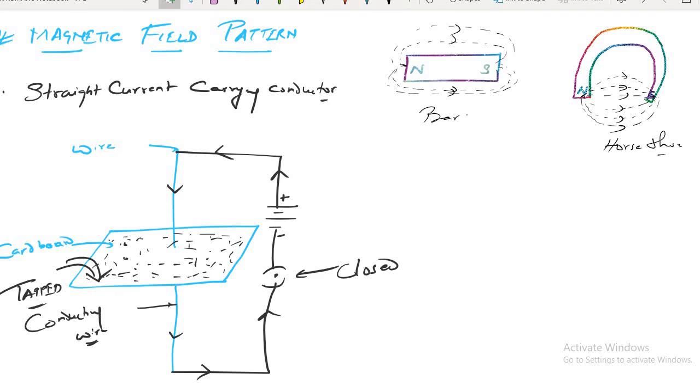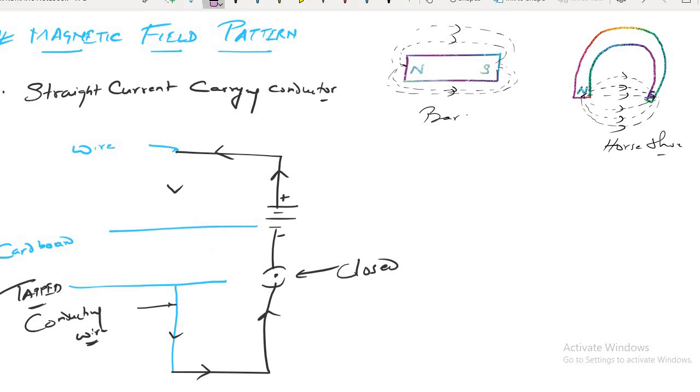Then what will happen, if I hit the board slightly, these iron crucibles, these pieces of iron will align themselves in a different fashion. Let me show you how these iron pieces will align themselves.